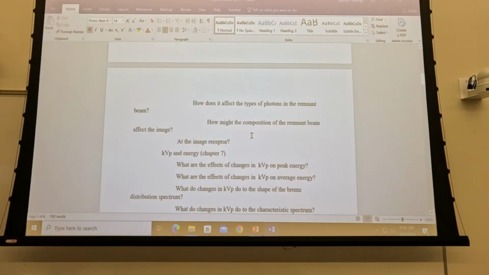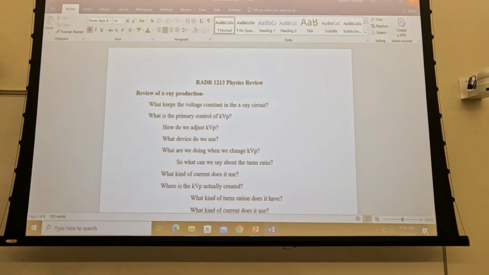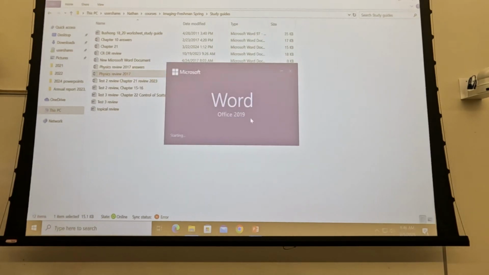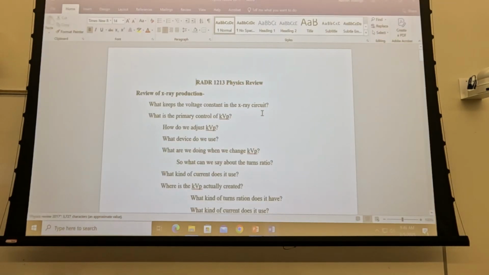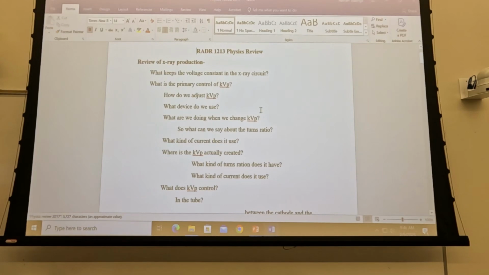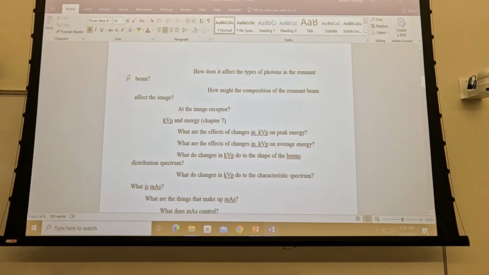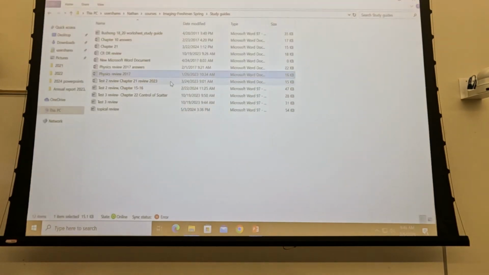It's a little bit of a mess, but I can load this into Canvas so that you can have it as well. Is it the same test? Should be. I made this in 2017, and let's see, X-ray production, kVp. I hadn't looked at this in a while. Obviously I looked at it in 2023, so it should be pretty up to date. I'm not going to swear on my life.